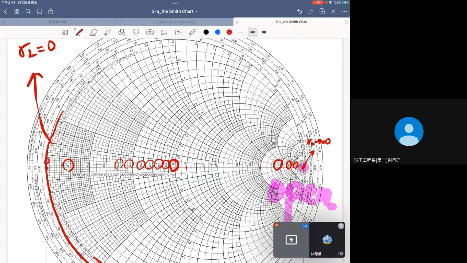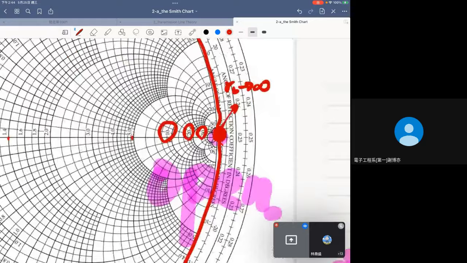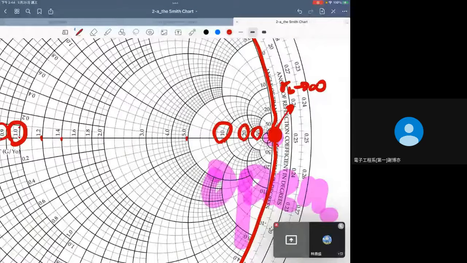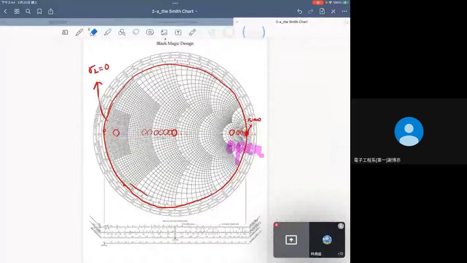It is funny that open and short are overlapped. For this point, this is also open, and for this point, this is also short. So open and short exist simultaneously on this point. It is weird, I know, but you need to remember it.